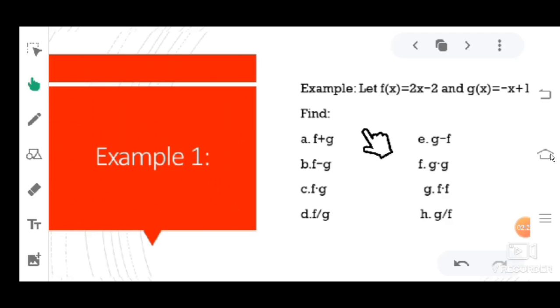Okay, let's consider this example. Example number 1: let f of x be equal to 2x minus 2 and g of x be equal to negative x plus 1. So we are asked to find all of this. So let us answer first the letter A, f plus g.